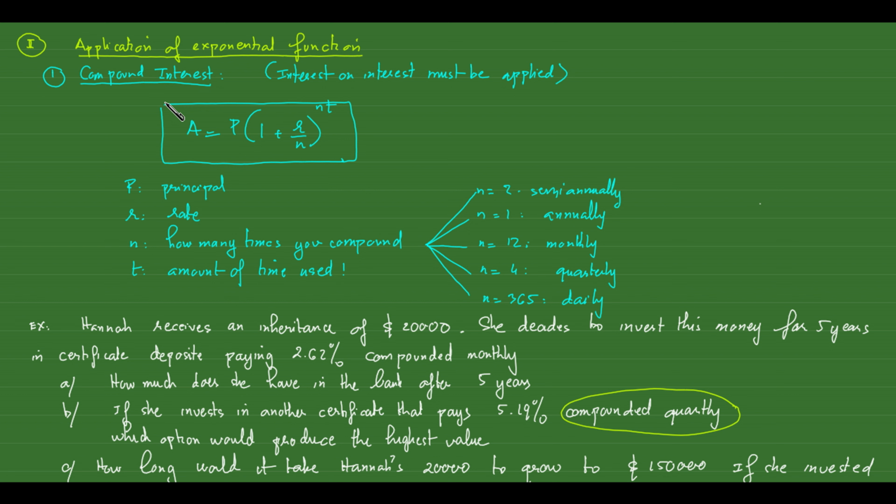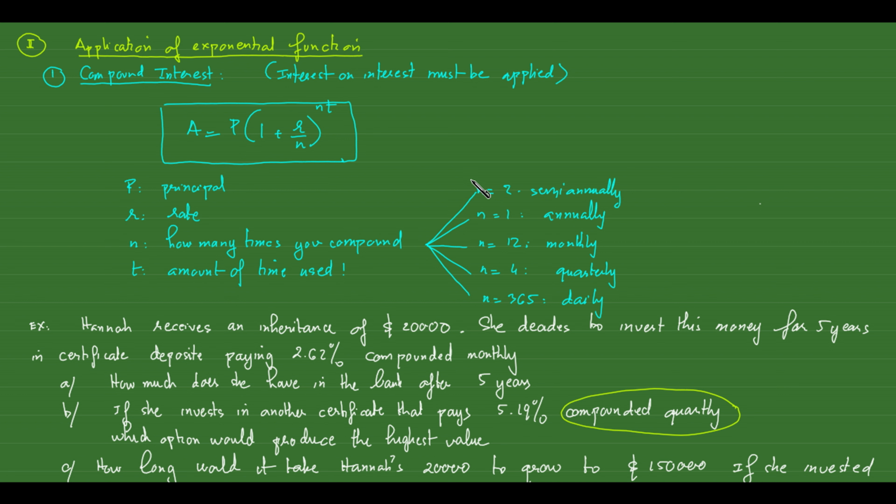The difference between that kind of interest and compound interest is that with compound interest you have interest on interest. What I mean is that after the first year, the second year will be 1% of 101, and so on.